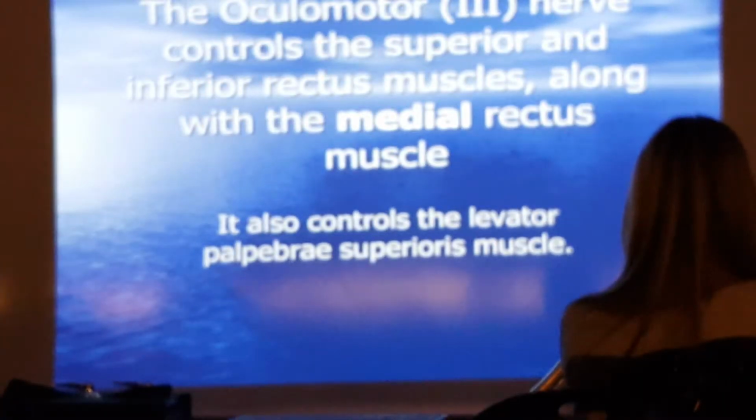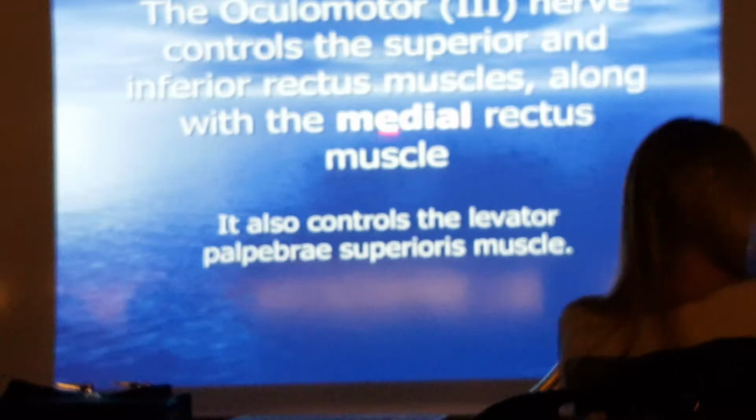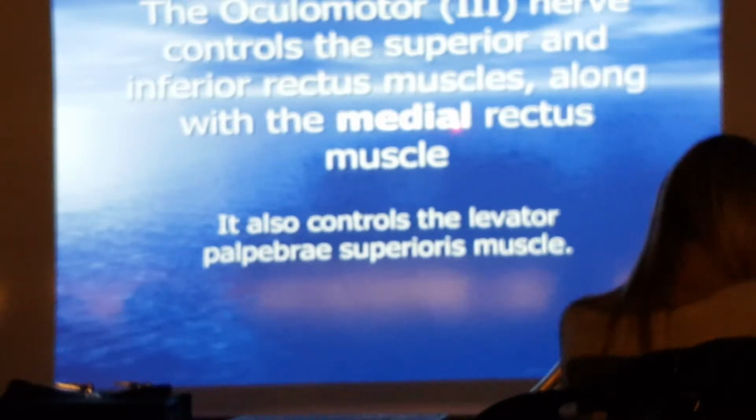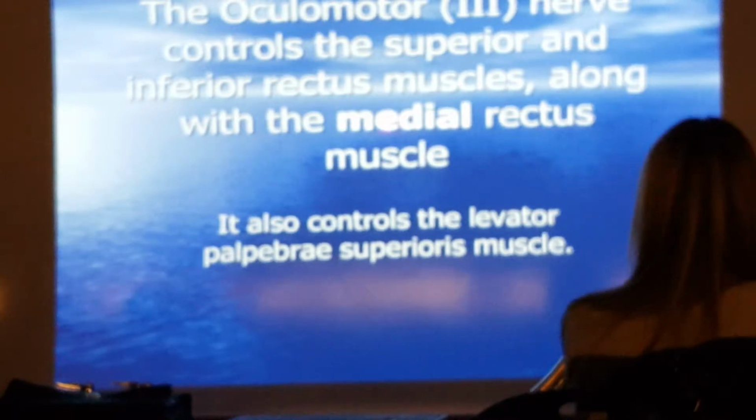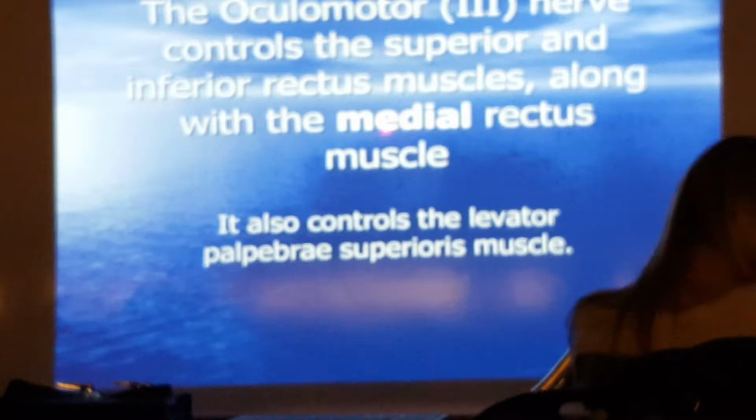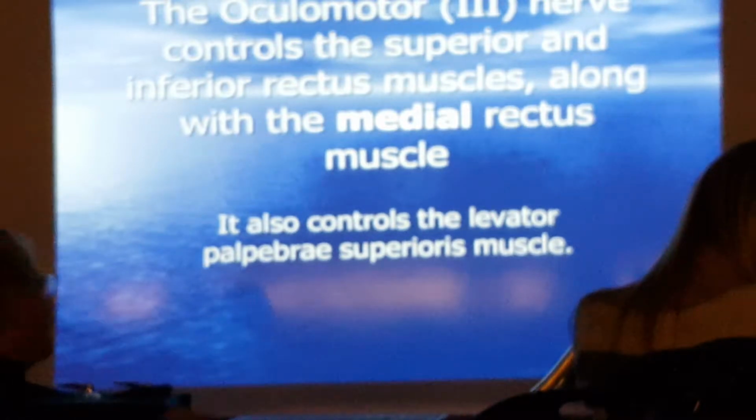Okay. So the oculomotor nerve controls these muscles that we've mentioned. Most importantly, really, the medial rectus muscle, although moving your eye up and down is very important. But this is the one you should remember when it comes to clinical conditions that result from dysfunction of this muscle.